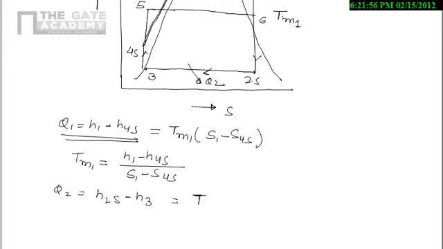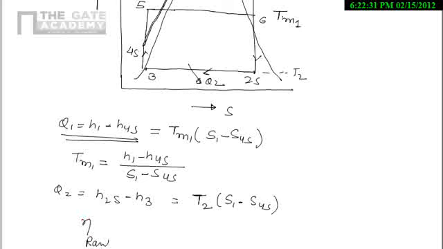In terms of mean temperature, or directly, because it's a constant temperature line here, and this temperature is suppose T2, I can write T2 times S1 minus S4s, because 2s, 1, 3 and 4s all have the same entropy. So now we have Q1 and Q2 in terms of Tm1, T2 and S1 and S4s.